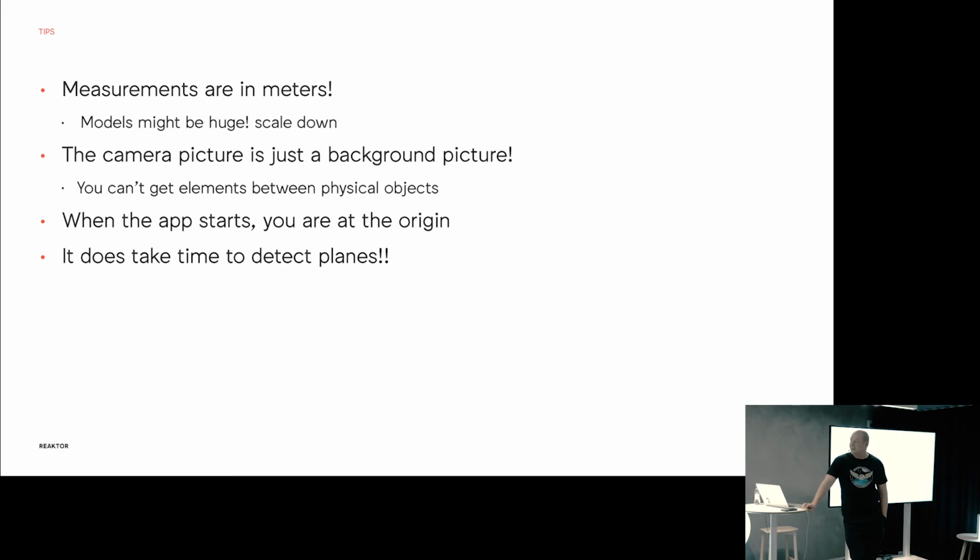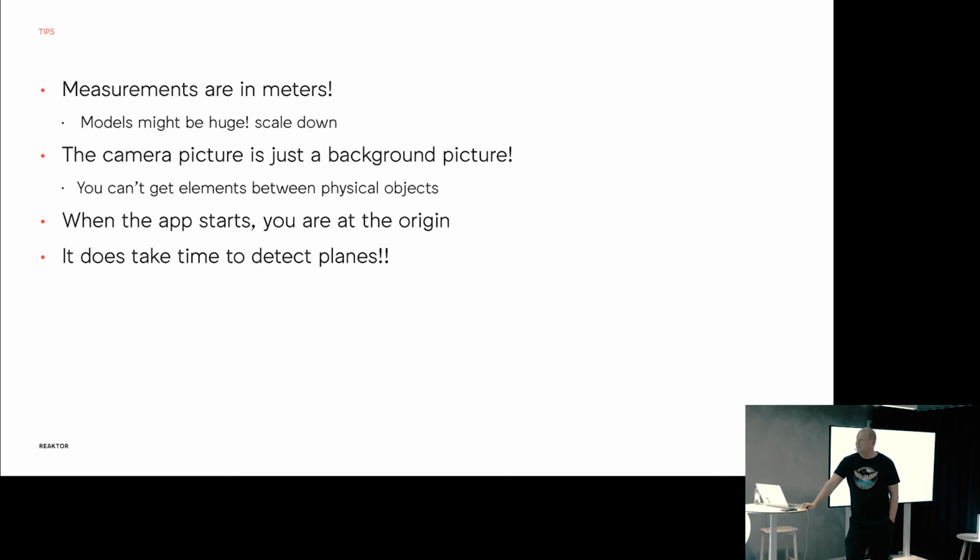You can scale them down there. Also the models might be oriented wrong. My Pokemon, when I first rendered it, its face was that way and its butt was toward me, so I had to rotate it toward me and scale it down. You don't need to do it in code, you can do it in the SceneKit editor.